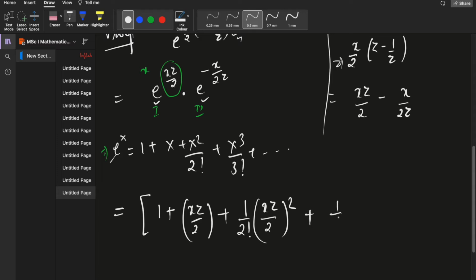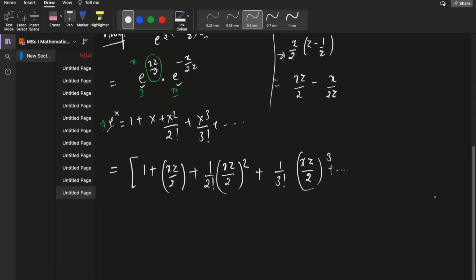Then 1 upon 3 factorial (xz upon 2) to the power 3, plus so on. This will continue.